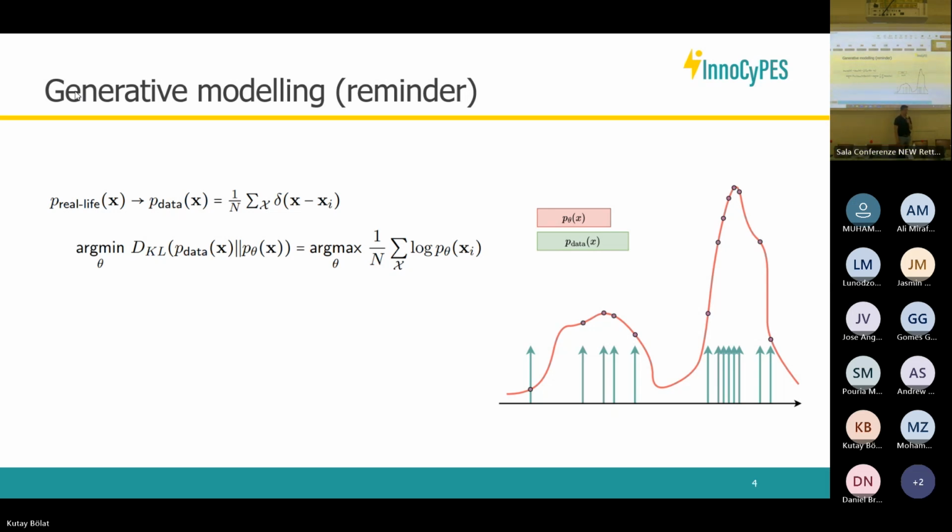Minimizing the KL divergence between the data distribution and our model results in maximizing the log likelihood, which indicates the coverage of our model on top of our data set, right?